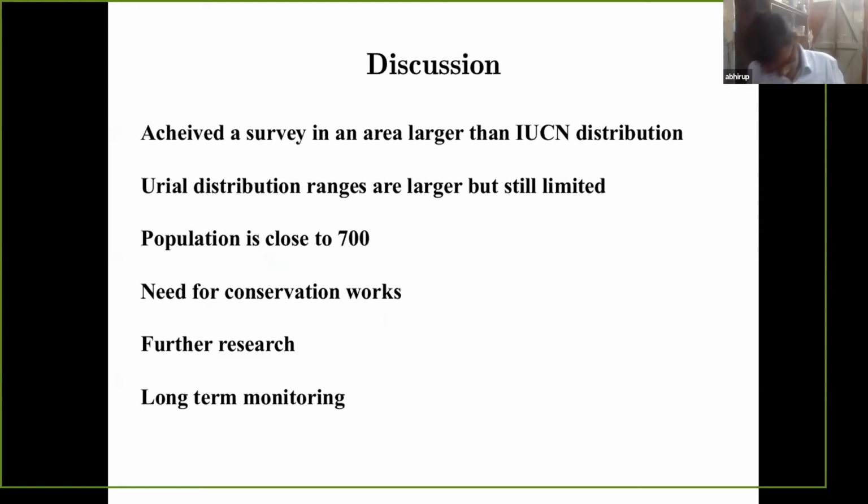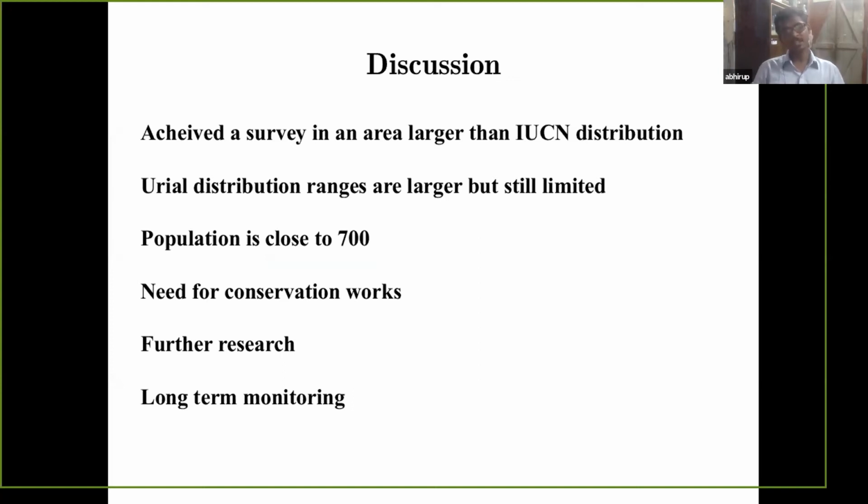Now, in the last section, it's a very simple work and simple use of two methods. But what we achieved is a larger area survey than what we knew from before. Urial distributions are larger, but still limited in most of the areas. You could see that the amount of yellow among those 137 grids was much higher than the green in the map.